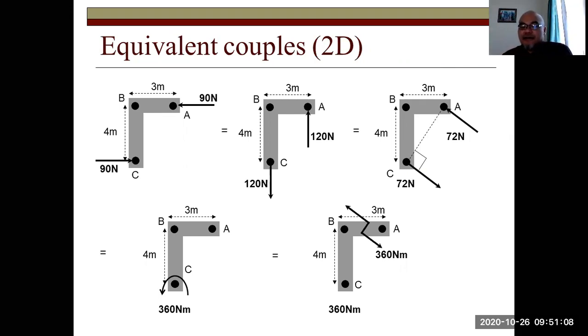Alternatively, you can calculate also about point B, but then you need to calculate the distance later, which is more complex. Then the result should be minus 360 Newton meter. It should be the same.